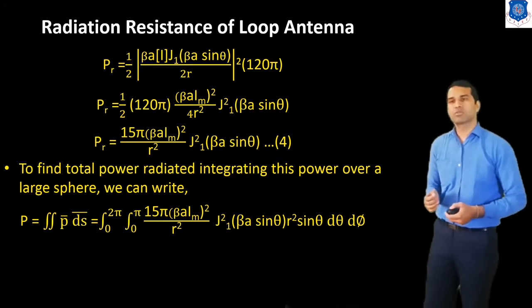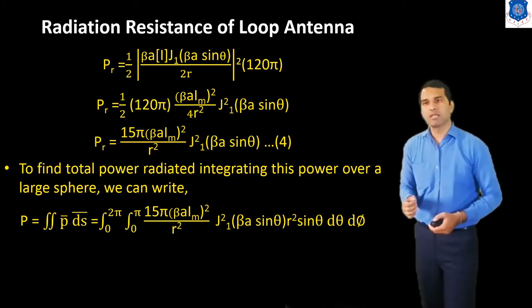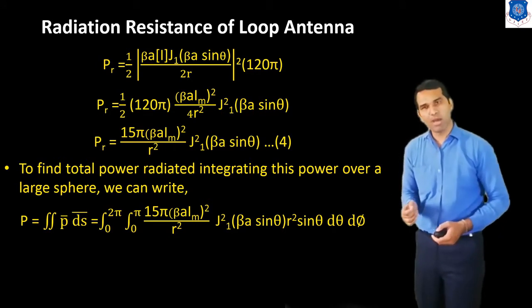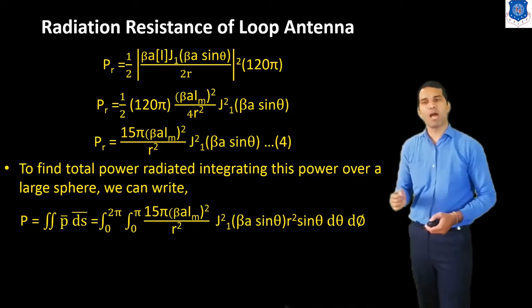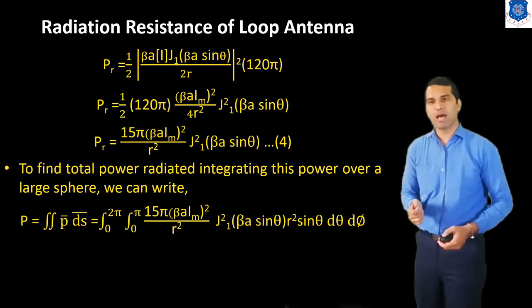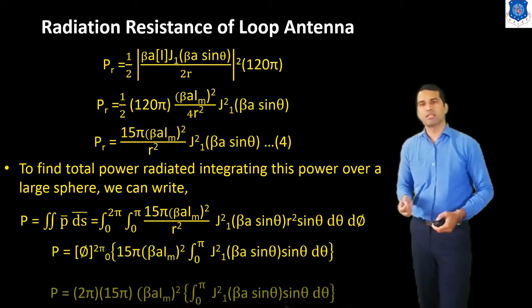So P is equal to the surface integration, where the integration limits for the phi plane are 0 to 2 pi and for the theta plane 0 to pi. And we have the expression 15 pi beta A Im square upon R square J1 square beta A sin theta into R square sin theta d theta d phi.